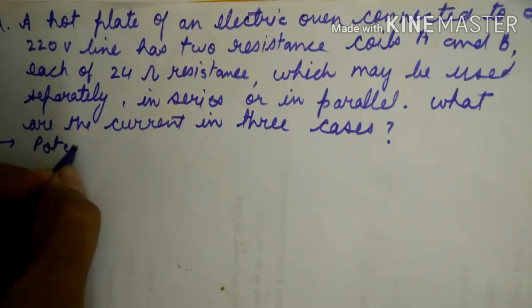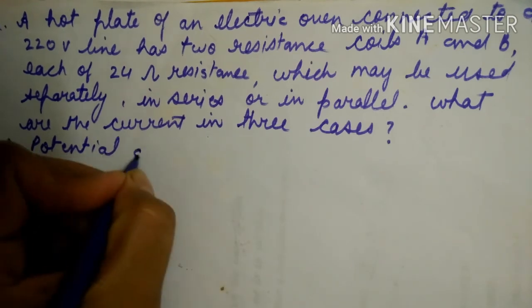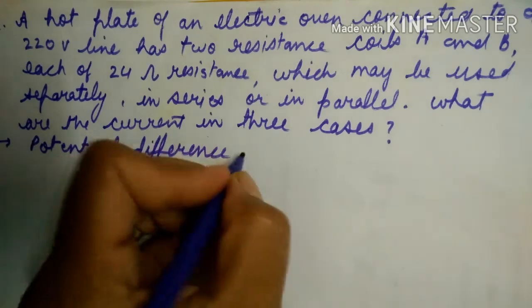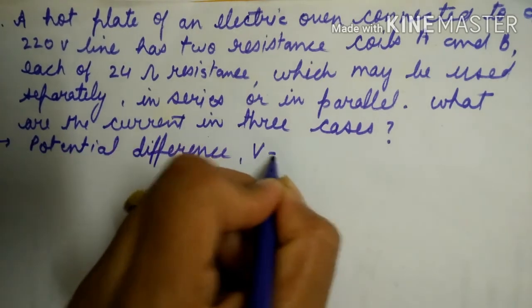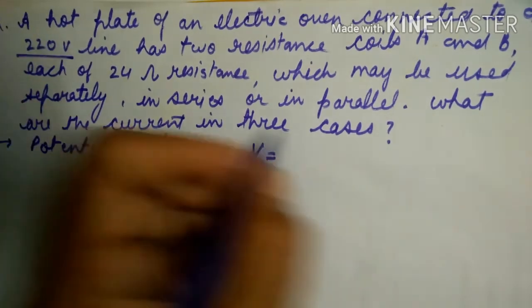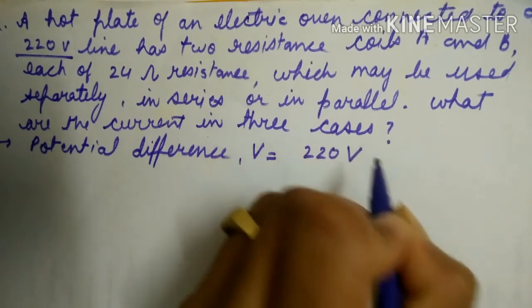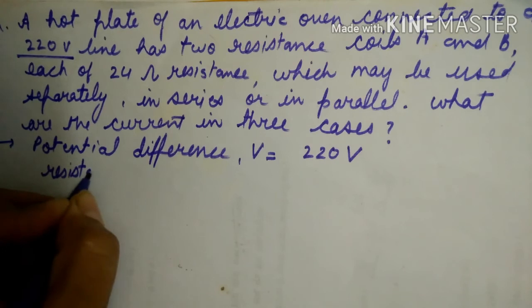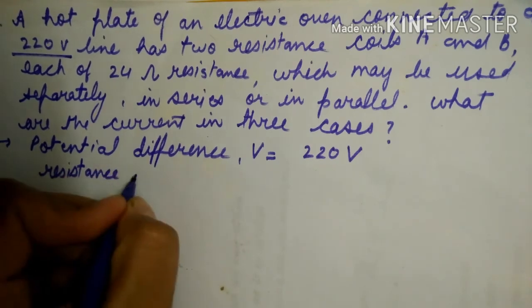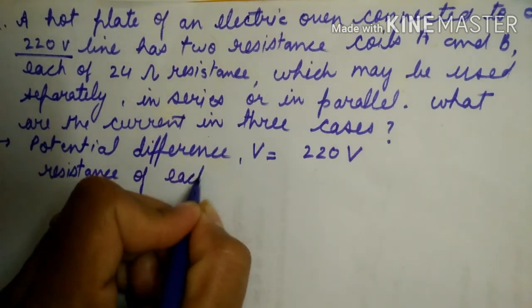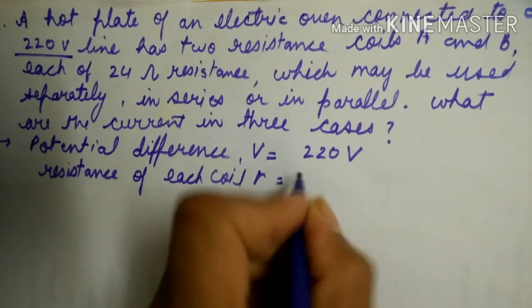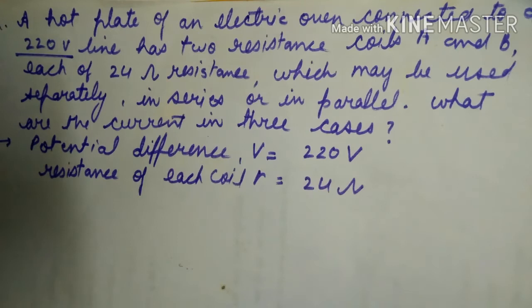Potential difference V, it is given 220 volt. Resistance is given of each coil. So small r, that is 24 ohm.